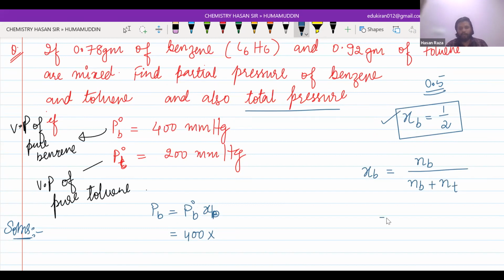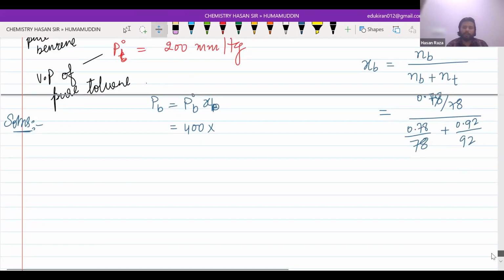Number of moles of benzene is given mass 0.78 upon molar mass 78. Plus number of moles of toluene is 0.92, given mass, upon 92, the molar mass. What is the molar mass of the toluene that you have calculated?